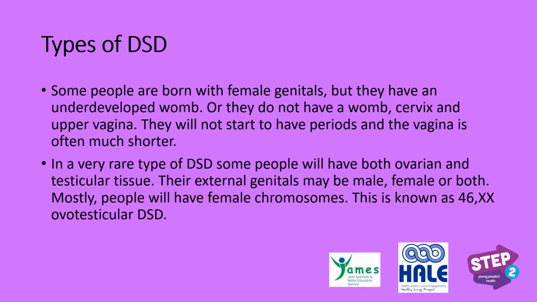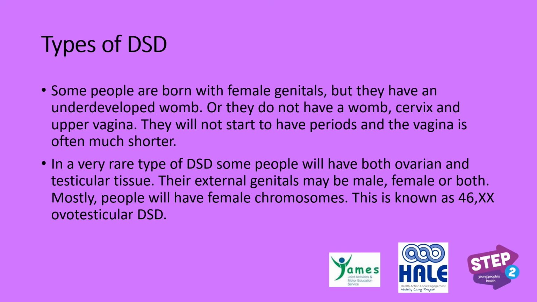Some people are born with female genitals, but they've got an underdeveloped womb, or they don't have a womb, cervix and upper vagina at all. They'll not start to have periods. The vagina is often much shorter. In a very rare type of DSD, some people will have both ovarian and testicular tissue.